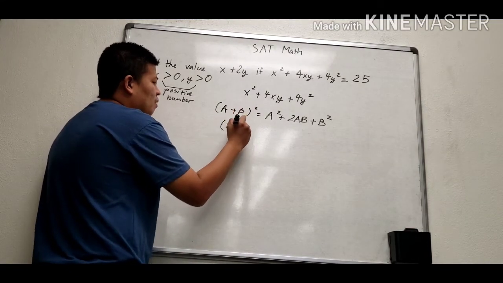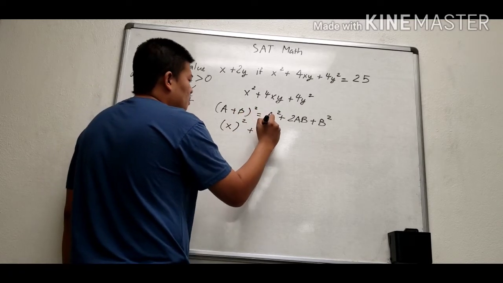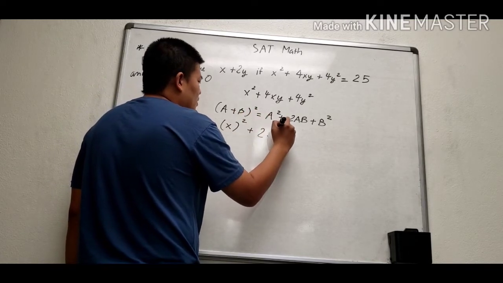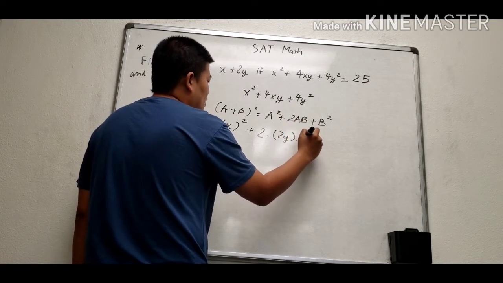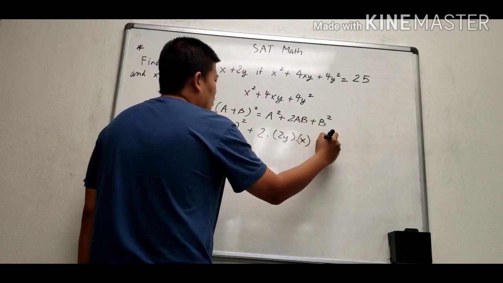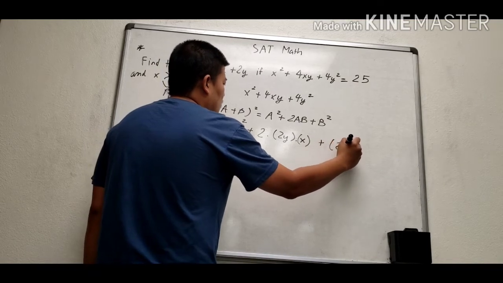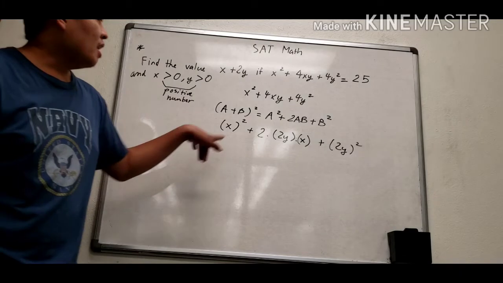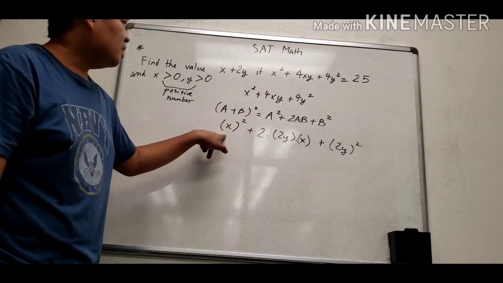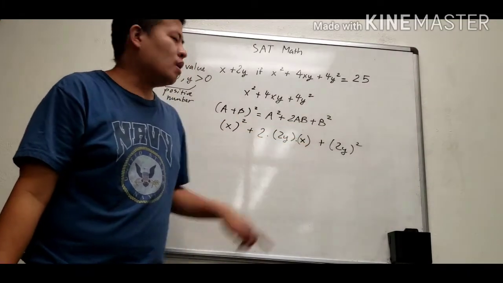We have s squared plus 2 multiplied with 2y multiplied with s, and we have (2y) squared, and you can see that a is s and b is 2y.